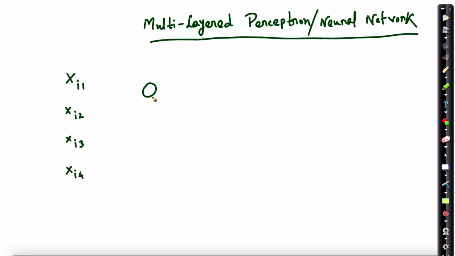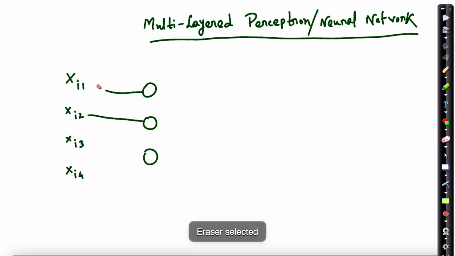So let us draw 3 neurons. Okay, let me just draw it more carefully with a different color.